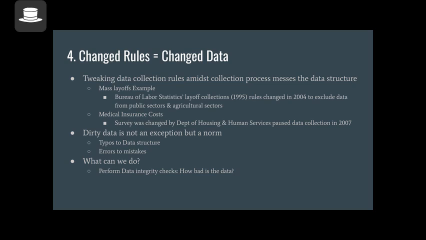But what happened in 2007 is that it paused its data collection with the intention to standardize or revise the methods to make it better. That led to a situation where you don't have data for 2007. So that would be another example of tweaking data collection rules.